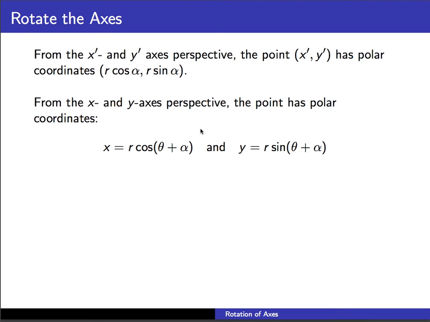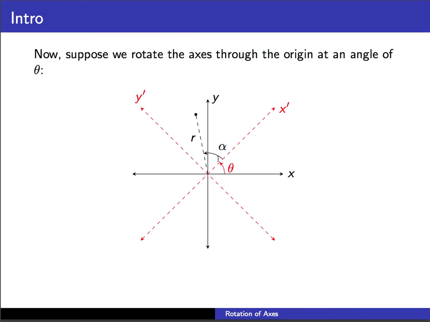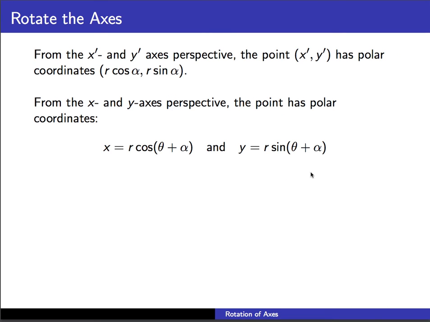However, from our original axes perspective, our point has rotated more than alpha, so it has theta plus alpha for the original x and y axes in solid black. So x is going to be r cosine of theta plus alpha, and y is going to be r sine of theta plus alpha.